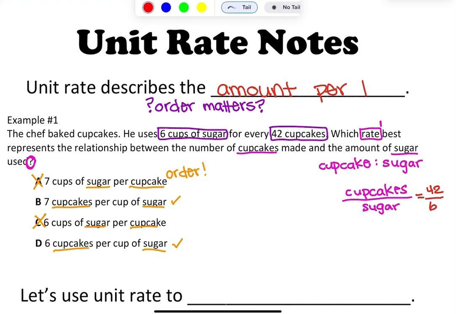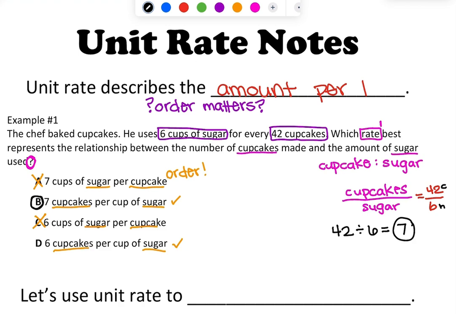And again, that number comes from right here. So now that I have that fraction, we know fractions can mean to divide. So I could cowboy and horse that, which would be 42 divided by 6. And hopefully we know that 42 divided by 6 is 7. So my answer would be B. It has the 7 and it has the correct order.